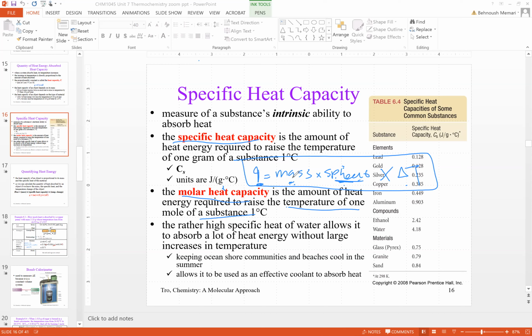If Q is calculated based on mass, change in temperature, and specific heat, then you can divide by the molar mass or find it based on the number of moles, and you can convert that heat to the molar heat capacity. Or specific heat times molar mass gives you the molar heat capacity.